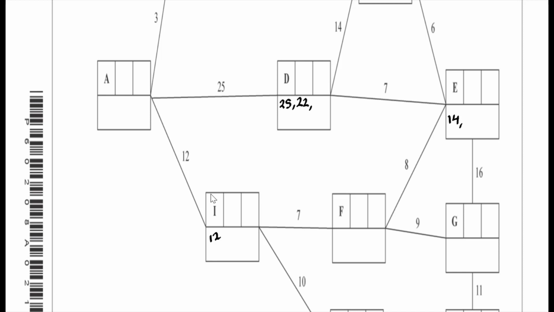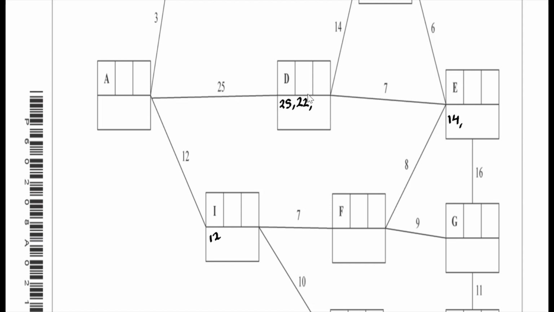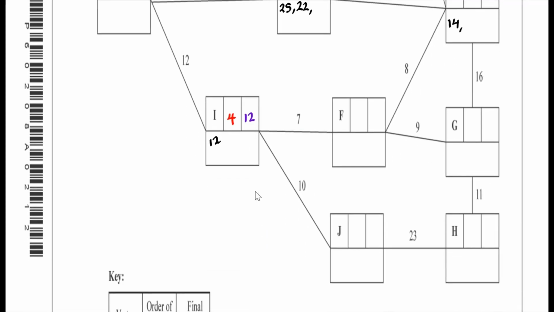We then look for the smallest one between 14, 25, 22 and 12. 12 is the smallest one, so we carry the 12 into this box and then we give I the label 4. Now, from I, 12 plus 7, that's 19. 12 plus 10, that's 22.